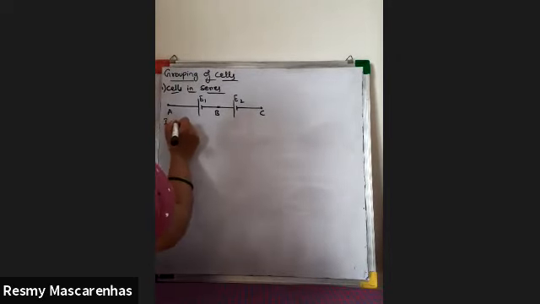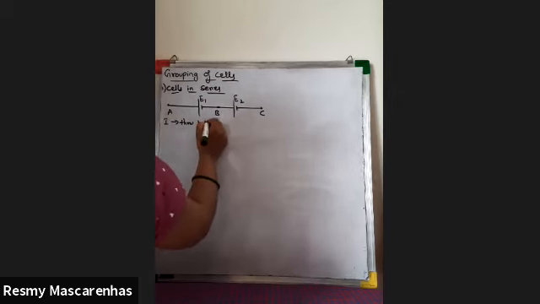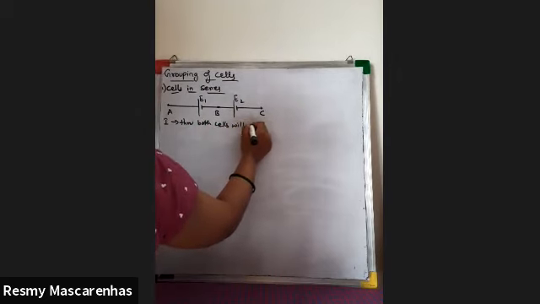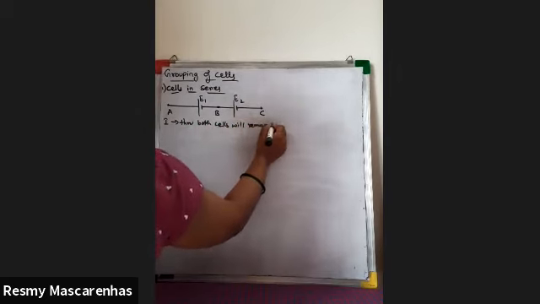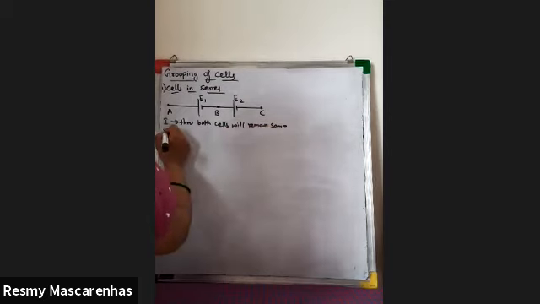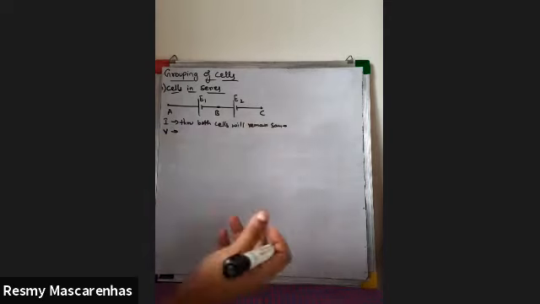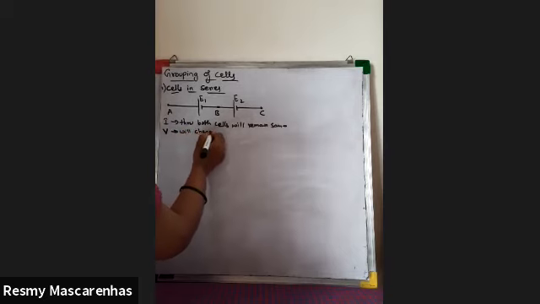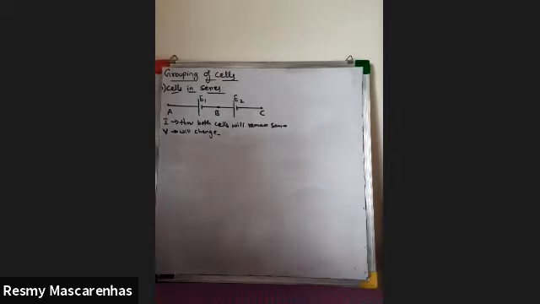Current I through both cells will remain same. Whereas voltage will change. Voltage is what here? Terminal potential. Voltage will change. Or terminal potential will change.